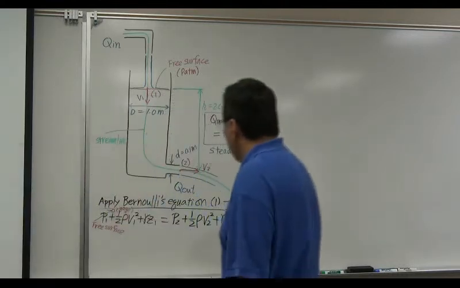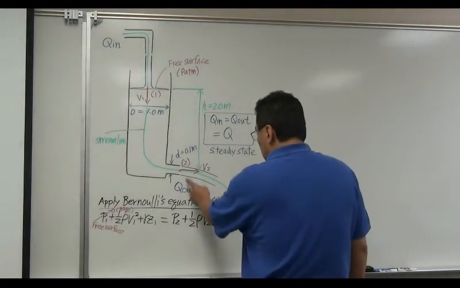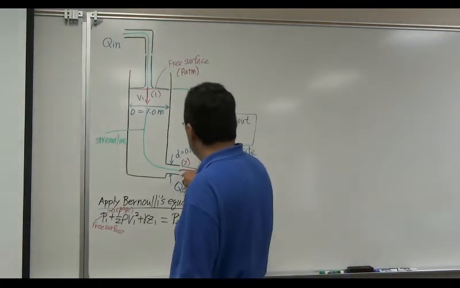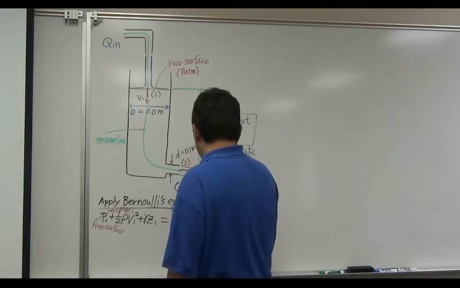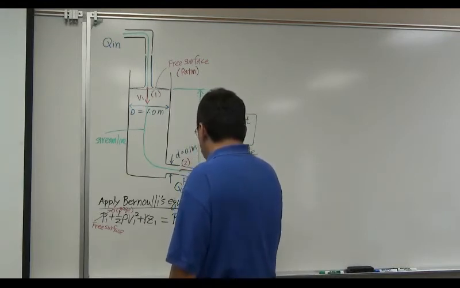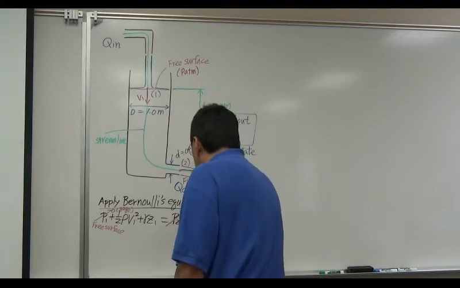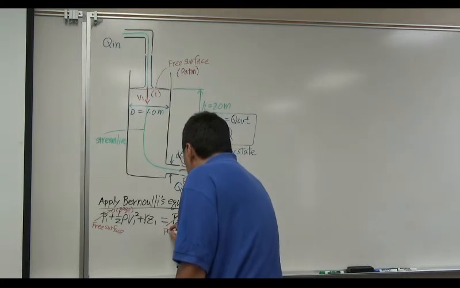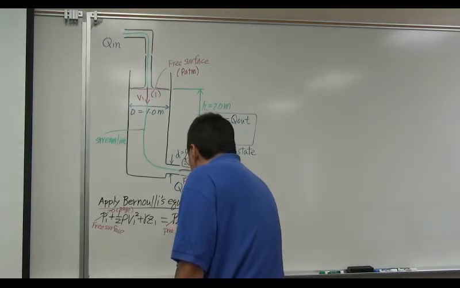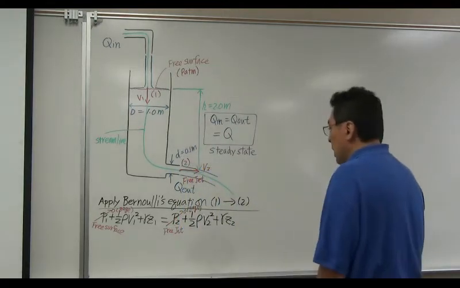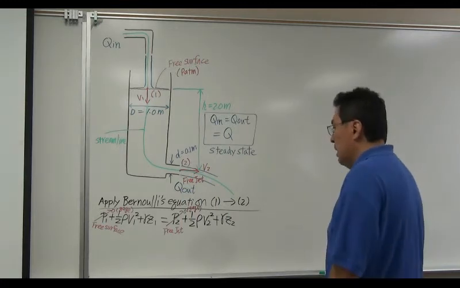Zero gauge. How about pressure at point 2? This is obviously free jet, okay? Free jet, again, zero gauge. So both 0 and 0, okay?